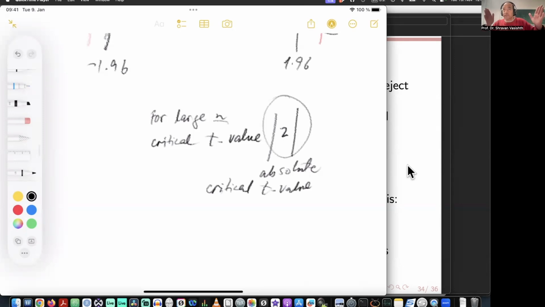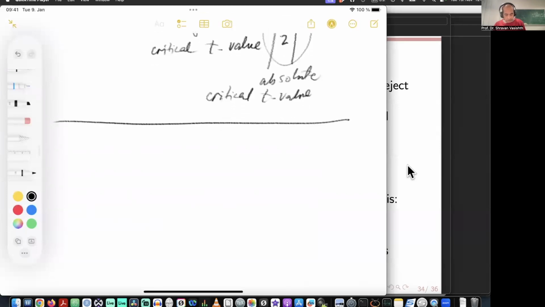That means if my observed absolute t-value is larger than 2, I can reject my null, right? For smaller n's, you want to compute the exact critical t-value that will allow you to decide whether to reject the null or not based on the observed t-value.